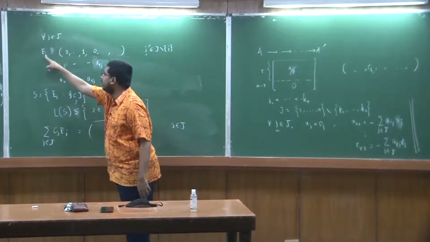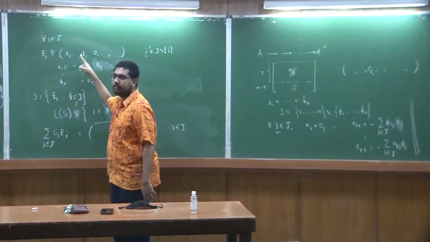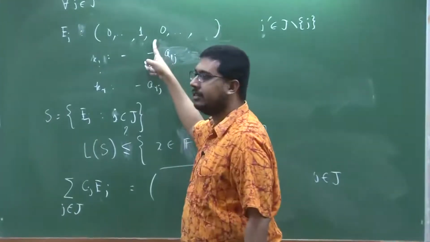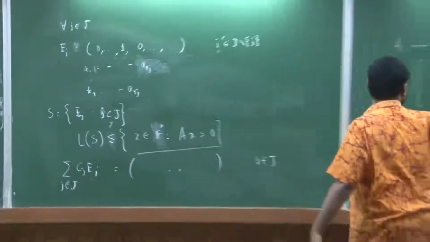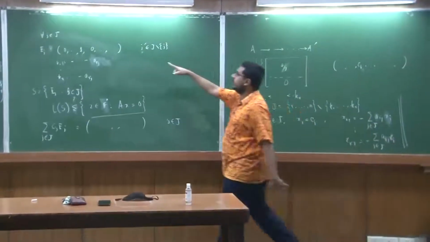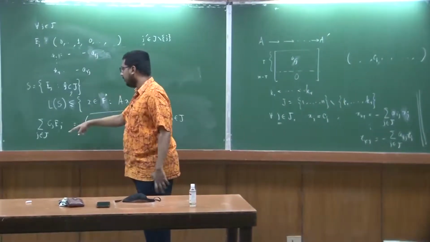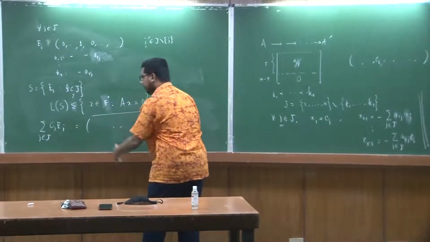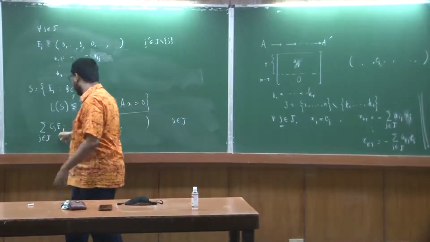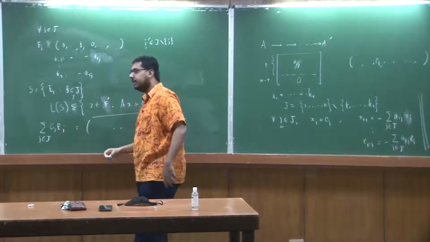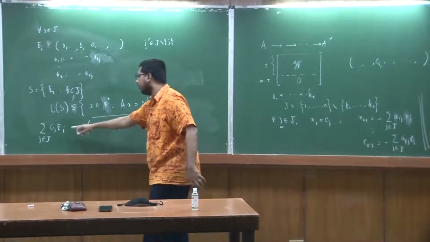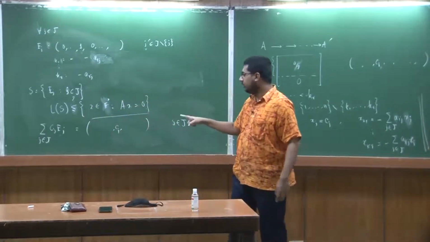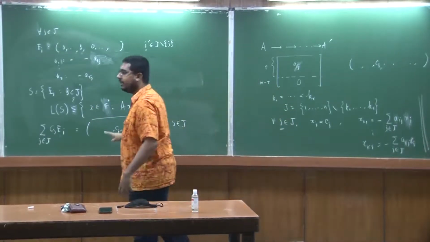If you multiply Ej by Cj, then at the jth coordinate you will have Cj, and for other j prime the jth coordinate is simply 0, the way we have defined it. Therefore, the jth coordinate of this final tuple will only come from the jth coordinate of Ej. So, what is the jth coordinate of Ej? It is Cj.